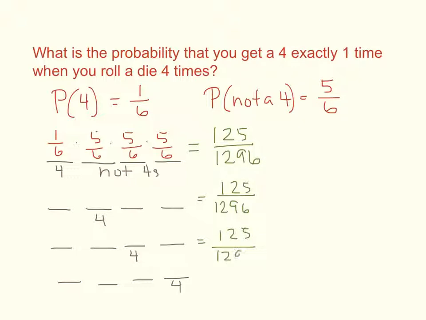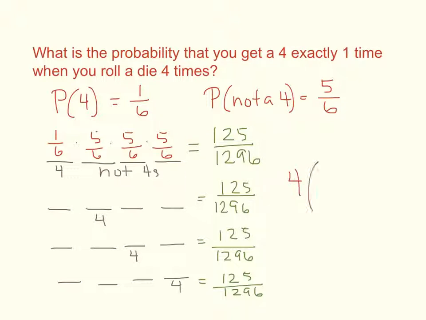So we have to do the probability one time, and then think about how many different places the 4 could have happened, and put those together to make the total probability.